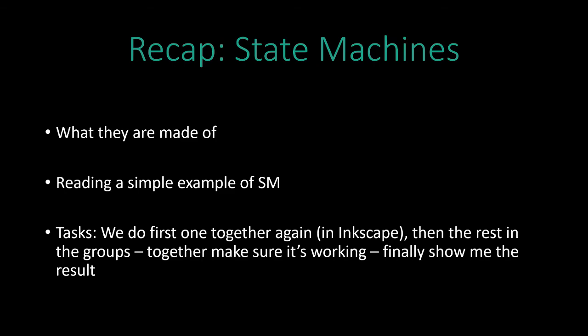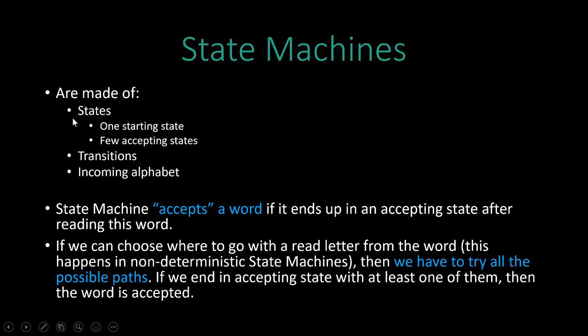Okay, so a short recap of what state machines are. They are machines, sort of like basic simple programming before programming existed, or before computers existed, and they are made of states, a set of states.